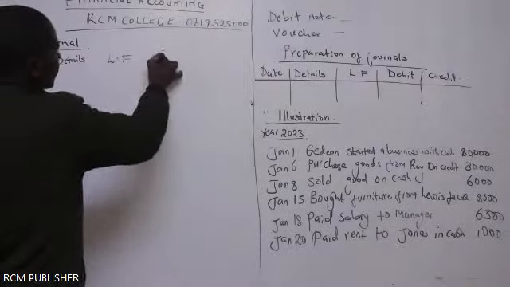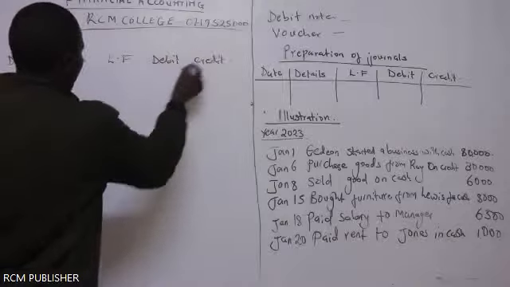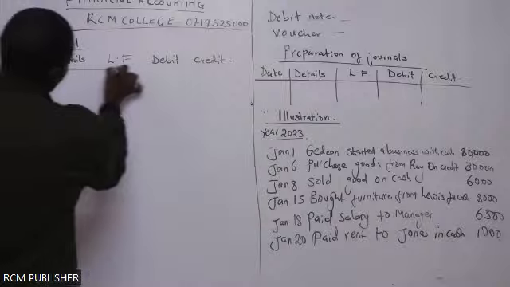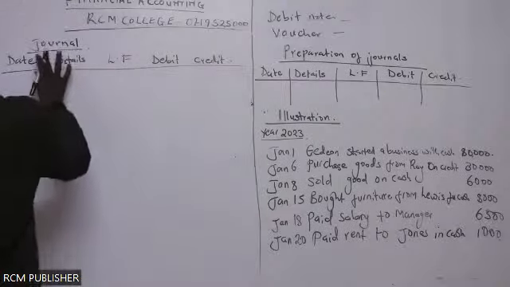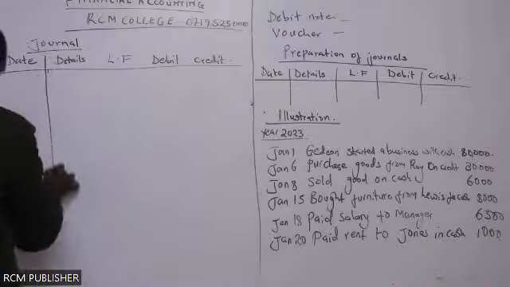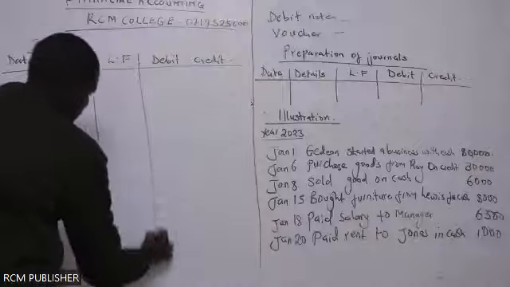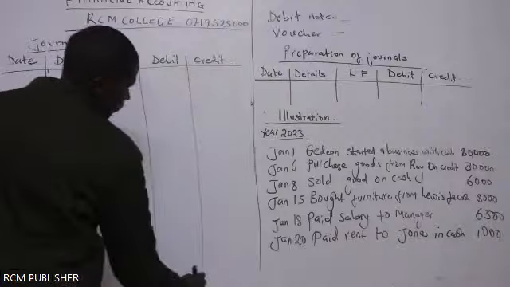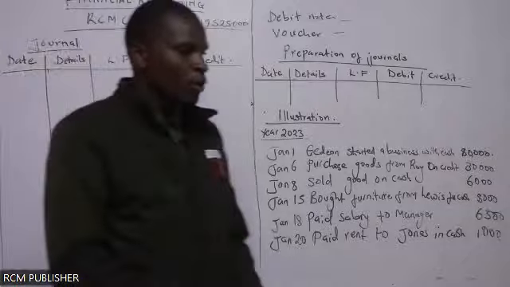Then we have debit, and then we have the credit side. Yes, I've seen a question there. Coming back to that. So this is our journal account. I hope you have that.